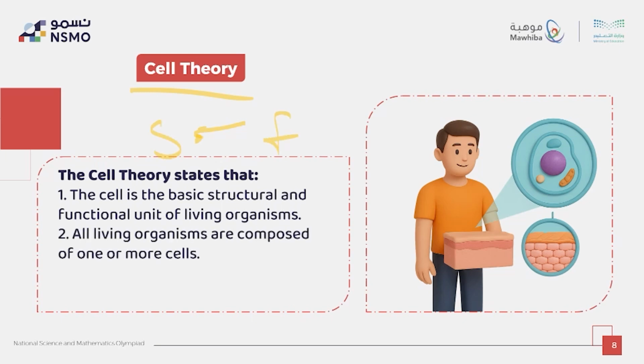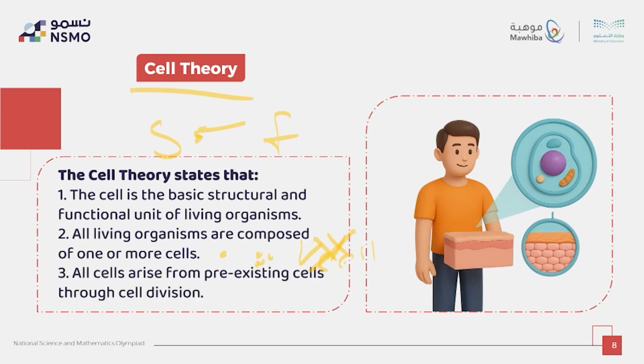The second one: all living organisms are composed of one or more cells, unicellular or multicellular. Because of that, the scientists said the virus is not a living organism because it has no cell.